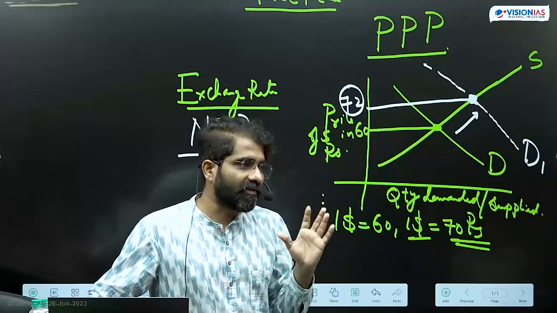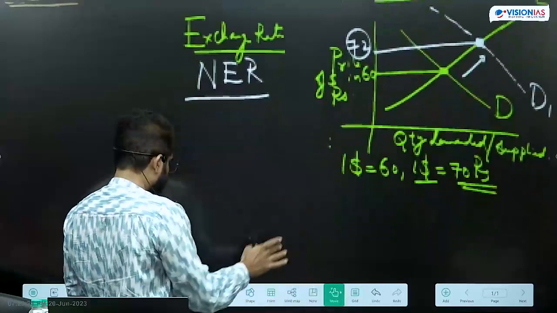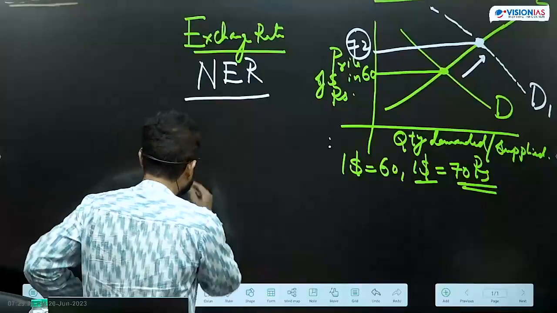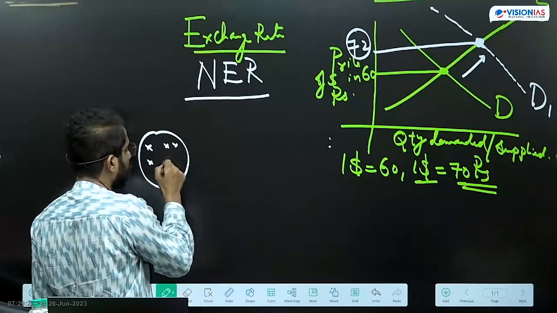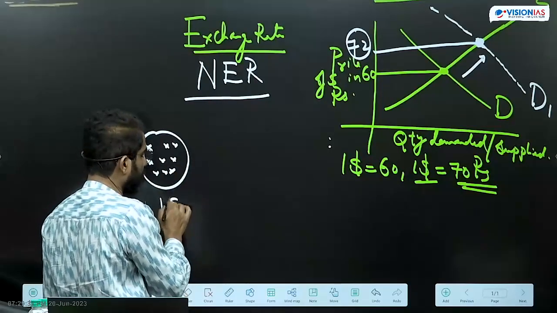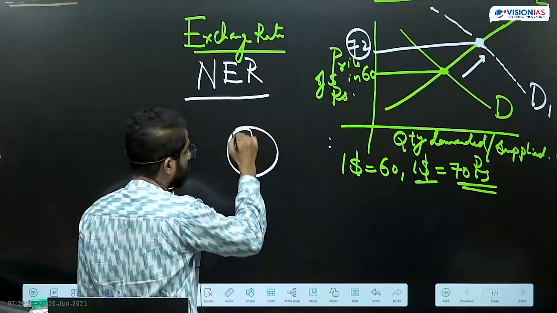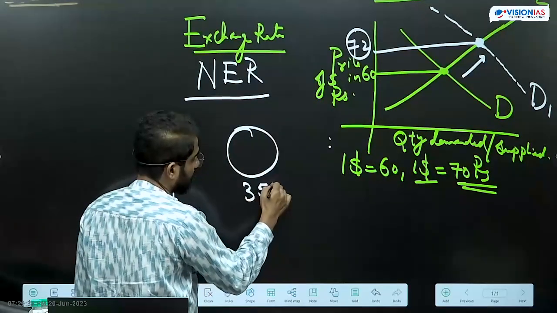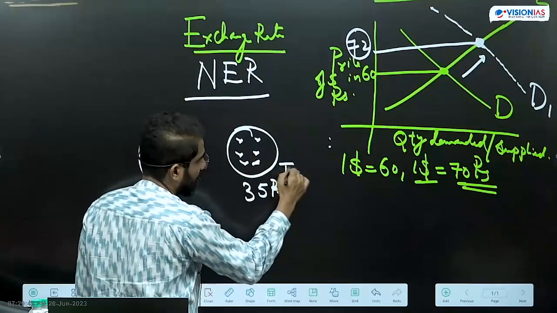Let's say I'm taking a basket of necessities. This basket of necessities I'm able to buy for $1 in the US, and the same basket of goods I'm able to buy for 35 rupees in India.